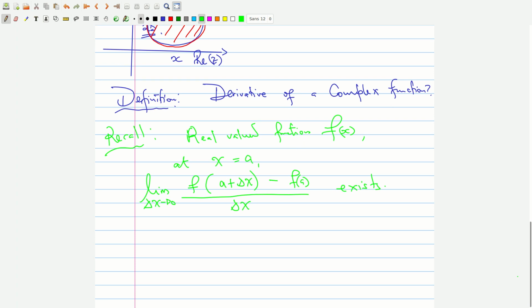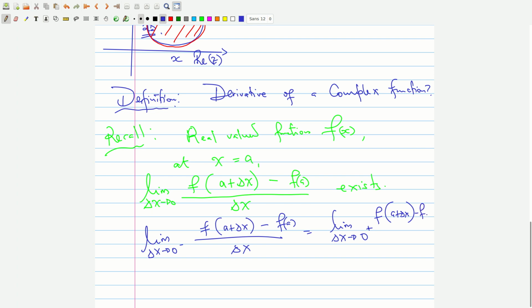In other words, if you remember, we check that the limit as delta x approaches 0 from the left of f of a plus delta x minus f of a, all over delta x, should be equal to the right hand limit, i.e. as delta x approaches 0 from the right, of f of a plus delta x minus f of a, all over delta x.